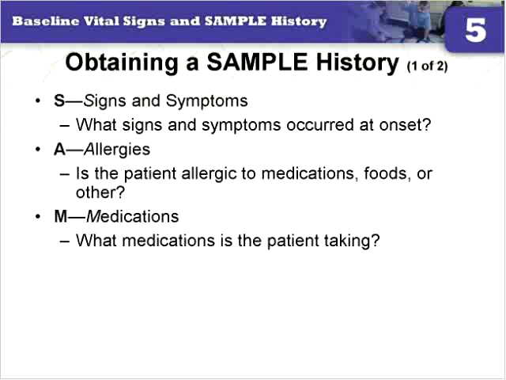Then I want to know what your treatment plan is going to be. And I want to know what you think is causing the problem with the patient, and then what you can do for the patient to improve their condition.